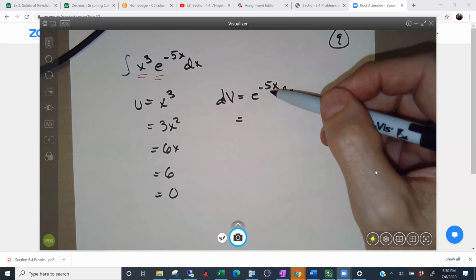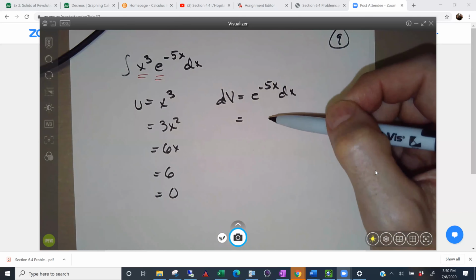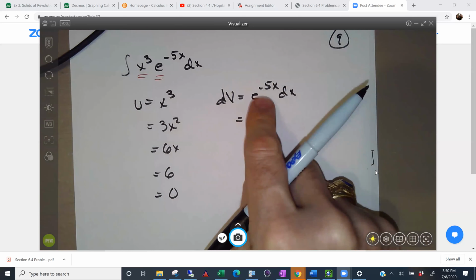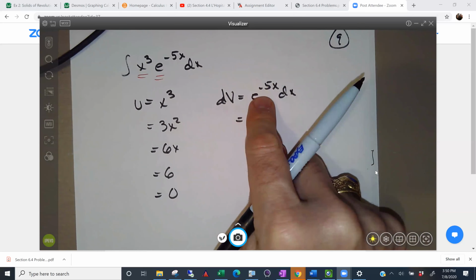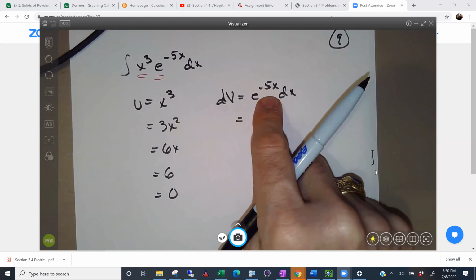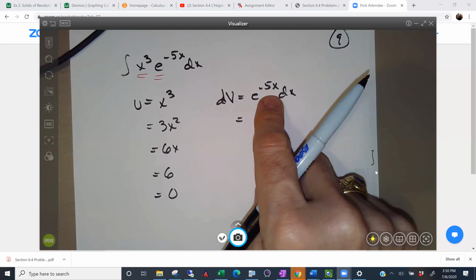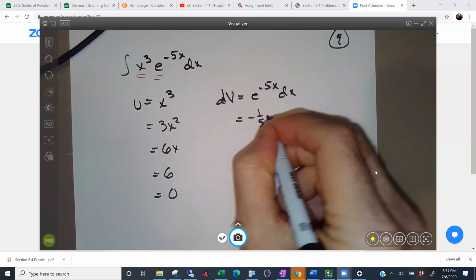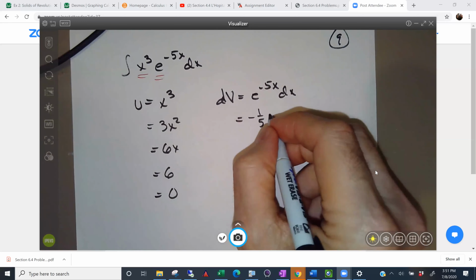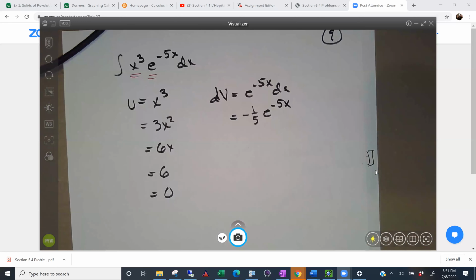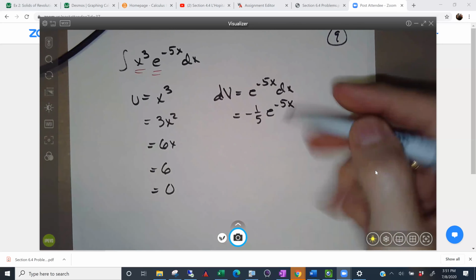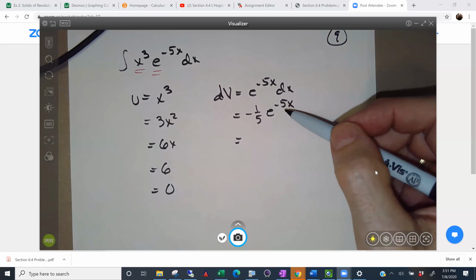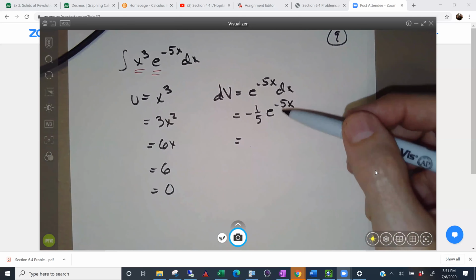Let's work with the antiderivatives here. Now, if I were to differentiate this, I'd have this times what? The derivative of this would be e to the negative 5x times negative 5. But because I'm integrating, instead of multiplying by negative 5, I'll divide by negative 5, or I can multiply by negative 1/5. And then I've got to do the same thing again.